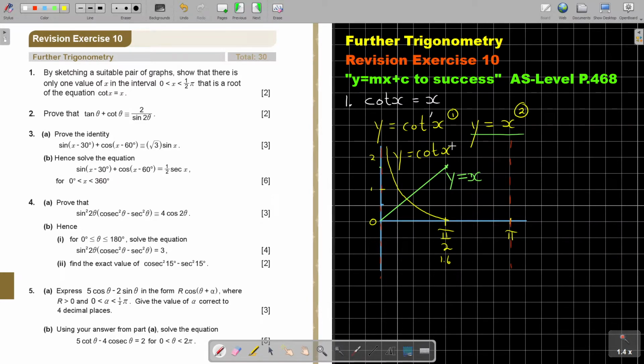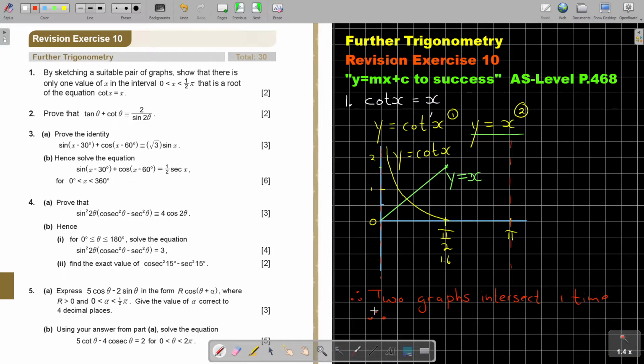So what I want to see from this graph is the following, and you can write it like this: it intersects, so therefore, you can say the two graphs intersect one time.